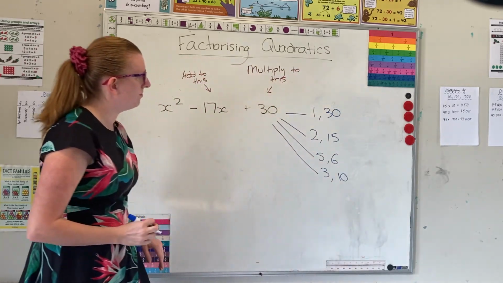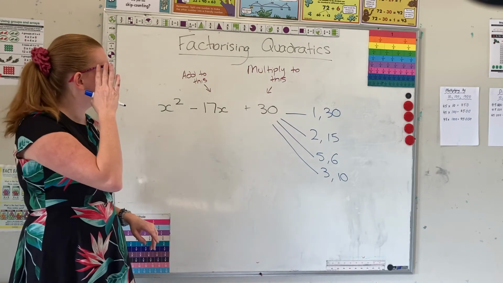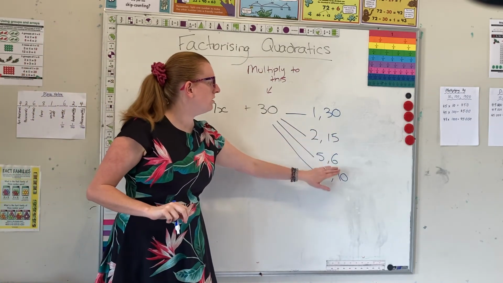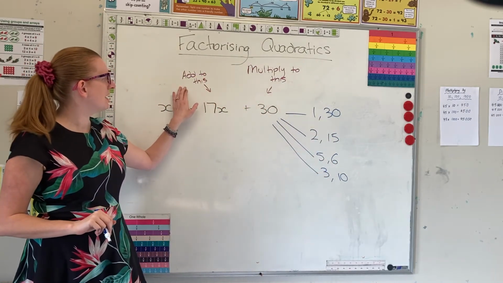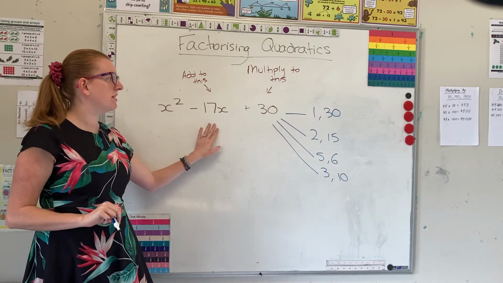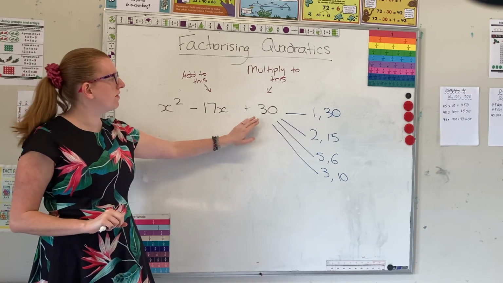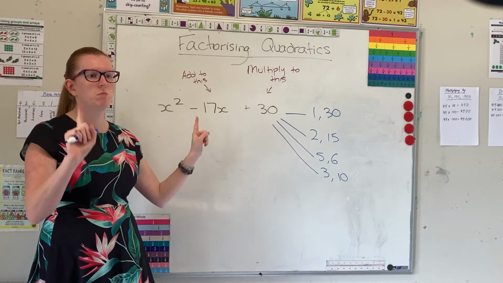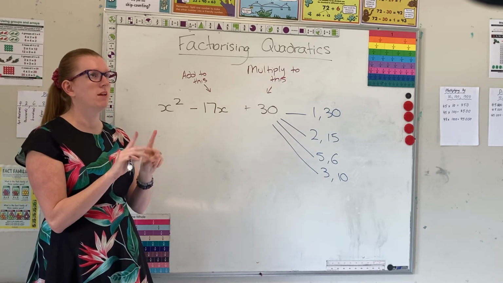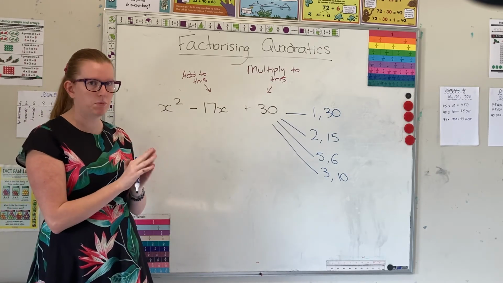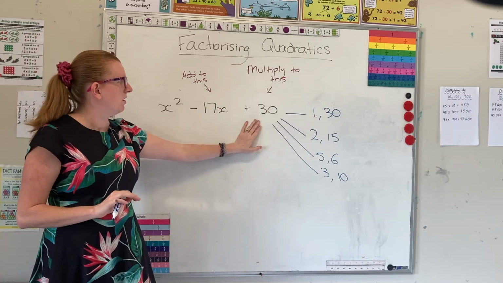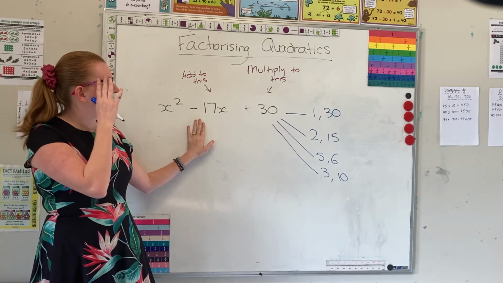I think that's it. Okay, so now I'm looking for a set of numbers that add together to give us negative 17. Now, because our final number was positive, the numbers we multiplied together gave us a positive number in the end. But when I added them together, I got a negative.